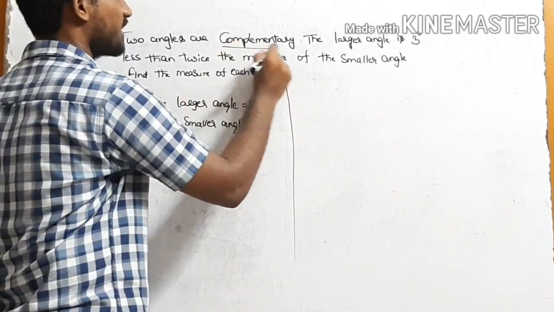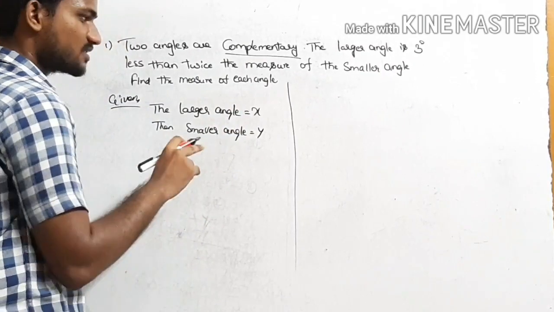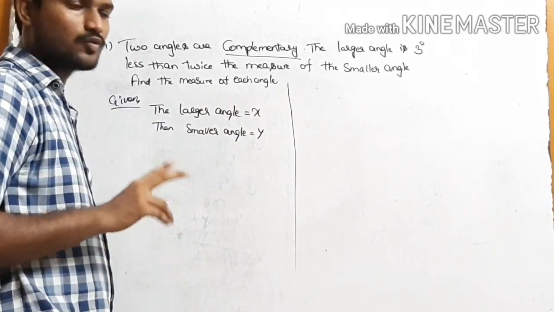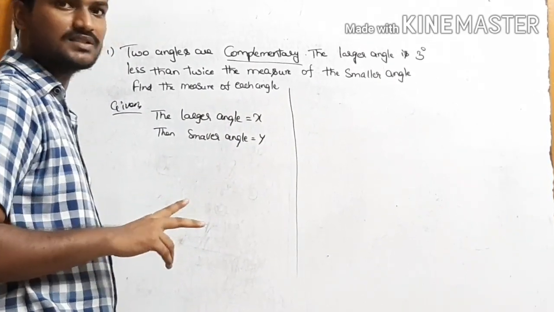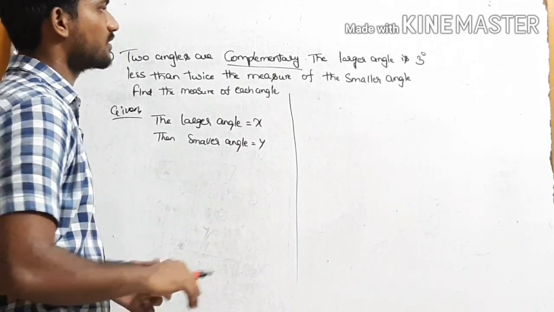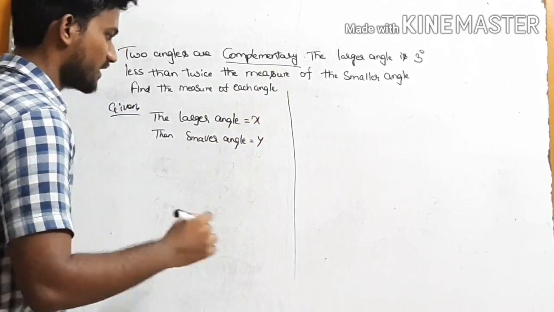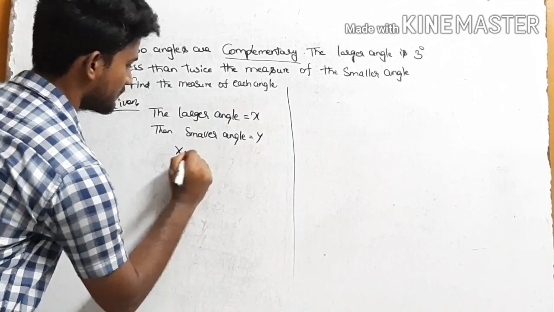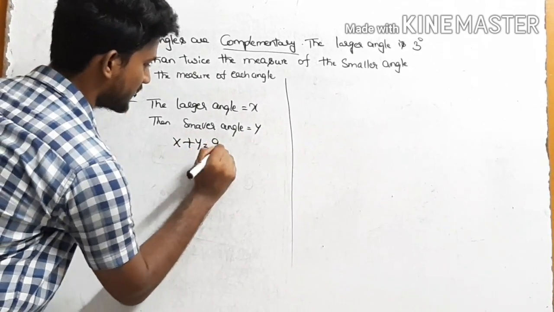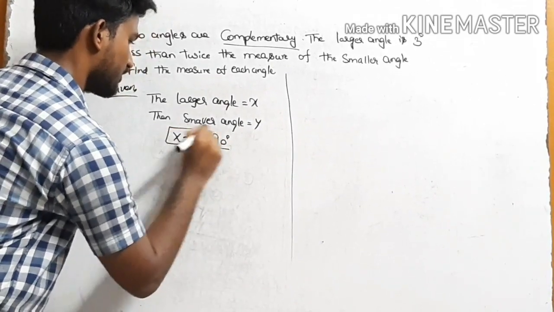As complementary angles, if the sum of two angles is 90 degrees, then they are called complementary angles. From that, x plus y equals 90 degrees. This is the first equation.